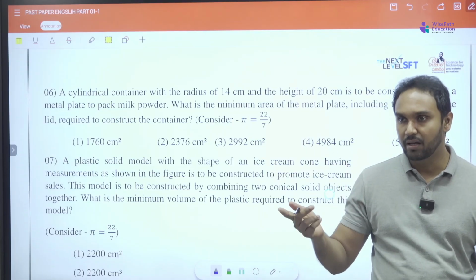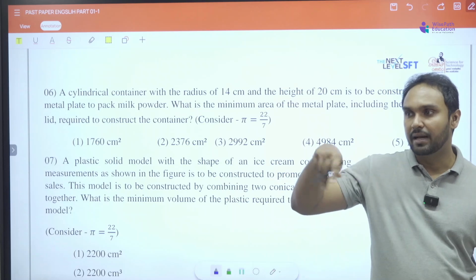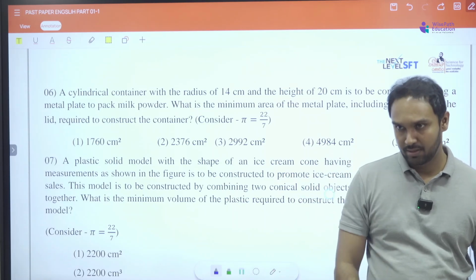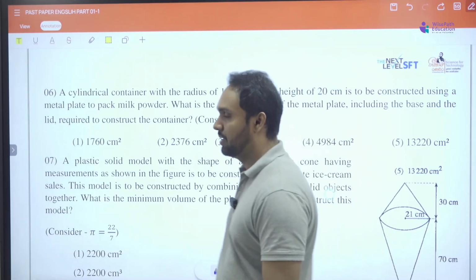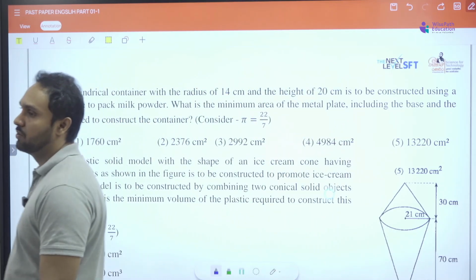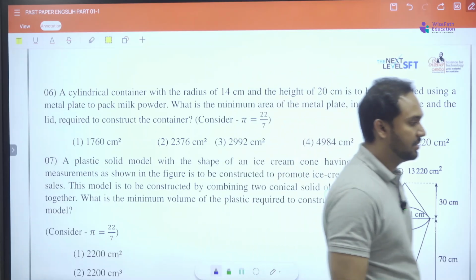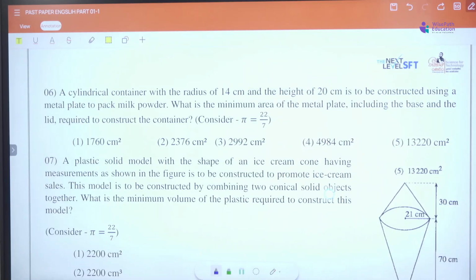So 2πr squared plus the lateral area, which is 2πrh, right? Simplify faster.